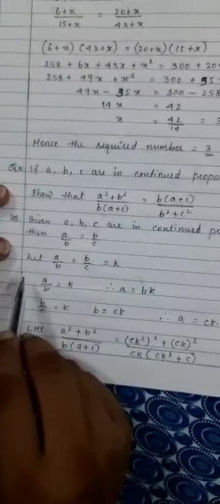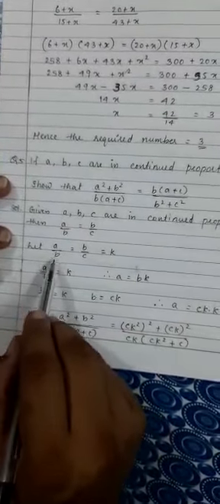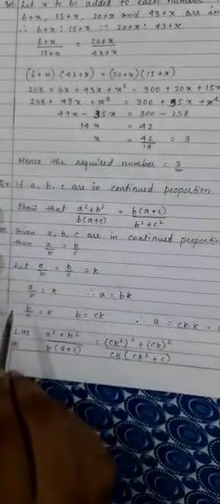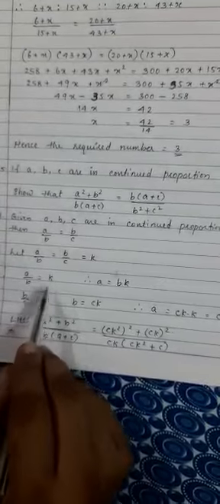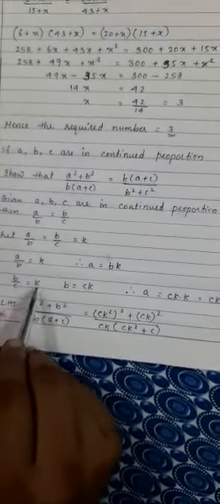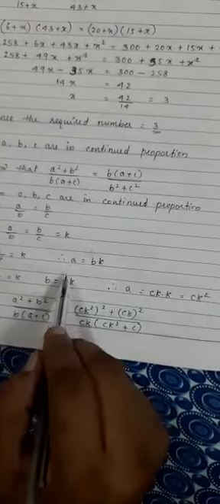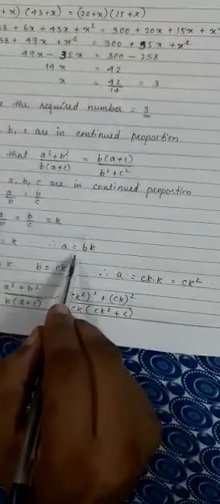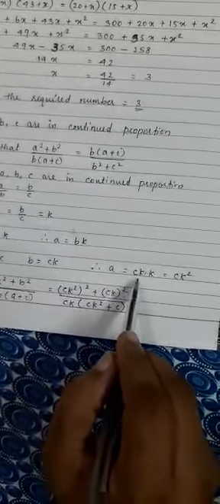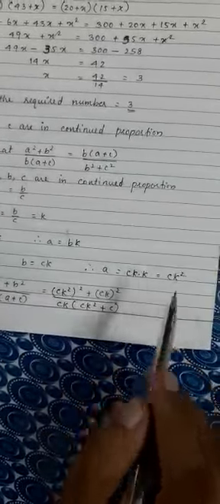This type of question we are using the K method. Let a by b is equal to b by c is equal to k. A by b is equal to k, therefore a is equal to bk. B by c is equal to k, therefore b is equal to ck. Here a is equal to bk. Instead of b, you can write ck. Therefore, a is equal to ck into k. Therefore, it is equal to ck square.